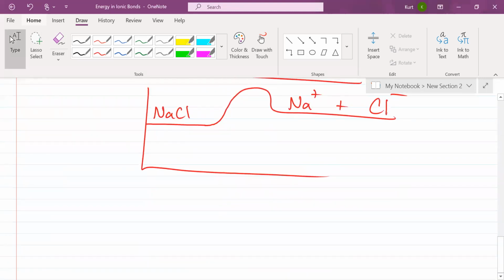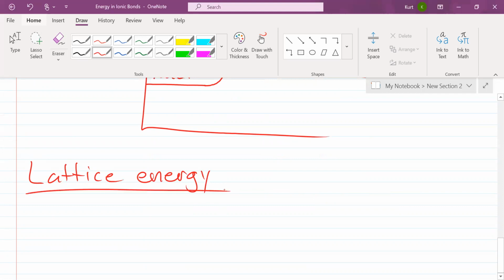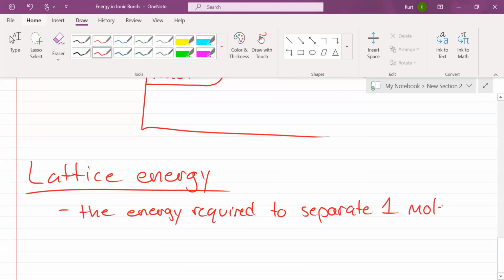All right, we're nearly done. Let's talk about lattice energy. The energy required to separate 1 mole, and I'll explain to you what a mole is.